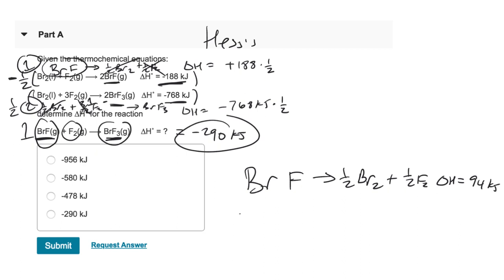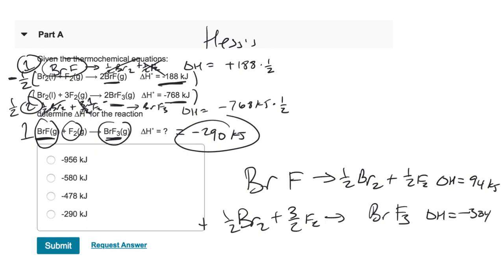And then we have Br2, a half, plus 3 halves F2 going to BrF3. So 768 negative times a half is minus 384.